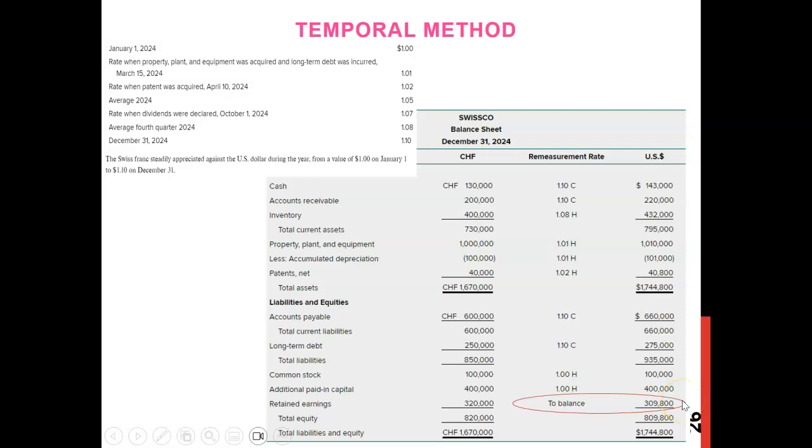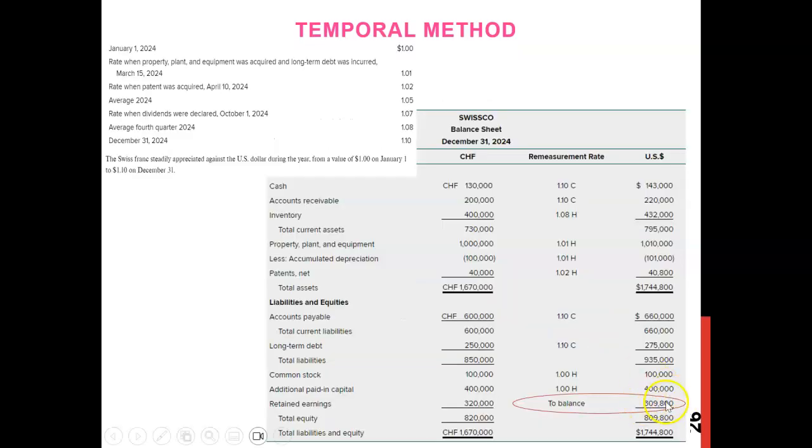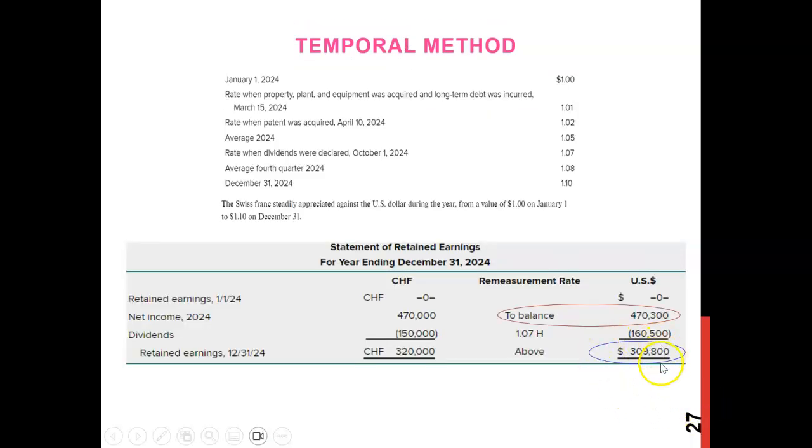We are doing backward conversions. We did the balance sheet. Now we will do the statement of retained earnings. So this one is copied and pasted from the prior converted balance sheet, the composite retained earnings. You see here 309,800. So we just copied and pasted it here. Now, dividend, we use the historical rate.